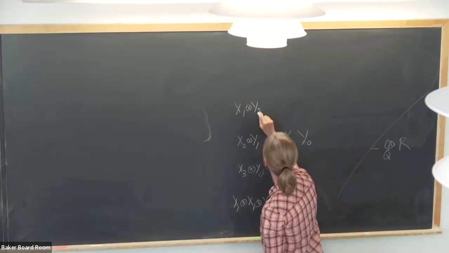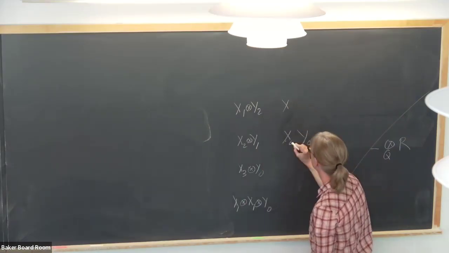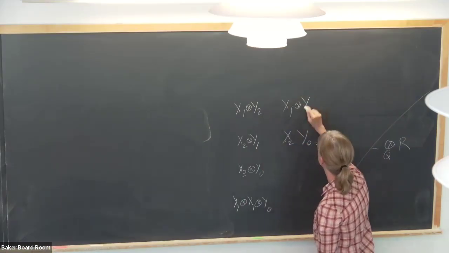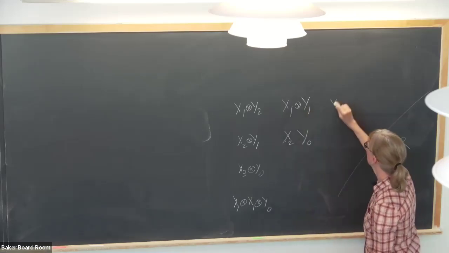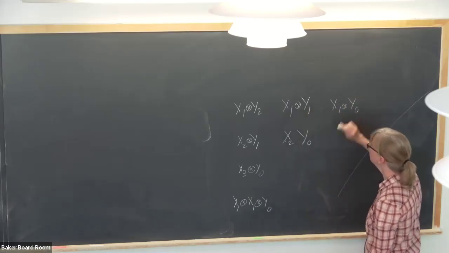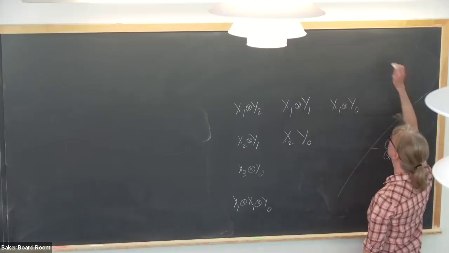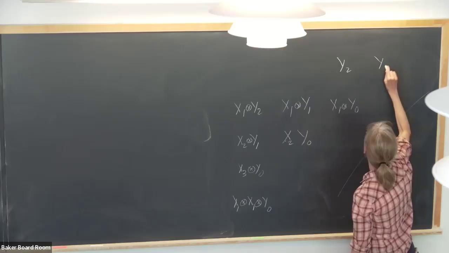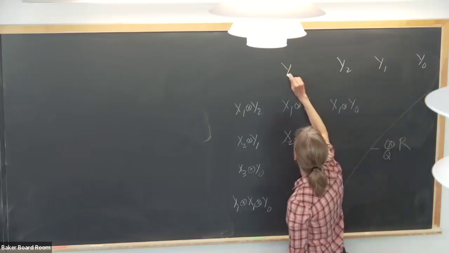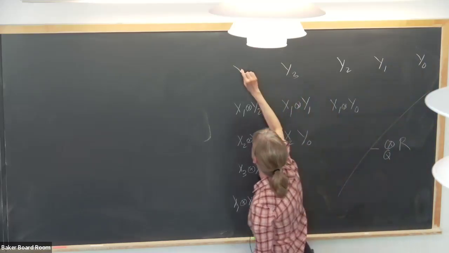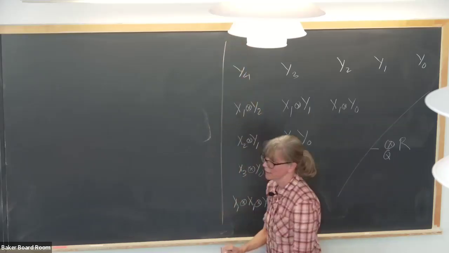X1, Y2, X1, Y1, X1, Y0. Probably Y2, Y1, Y0, Y3, and Y4.